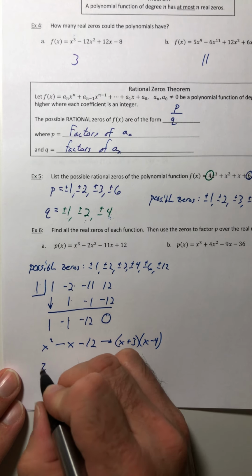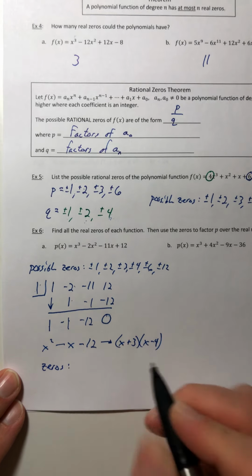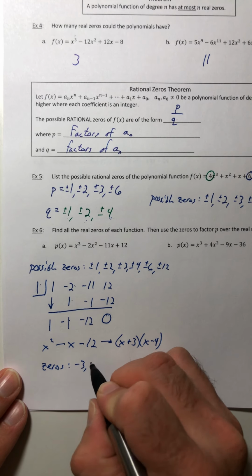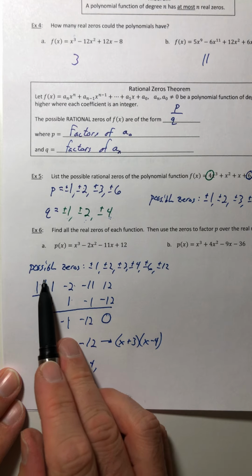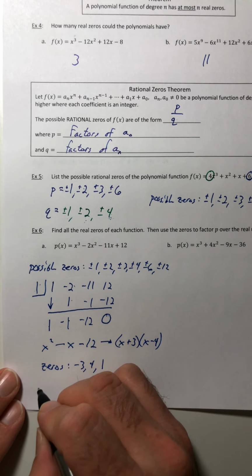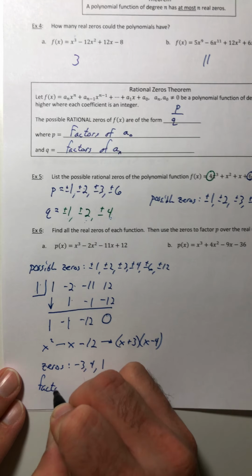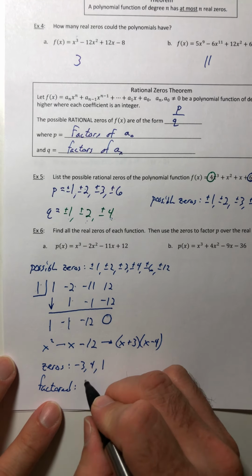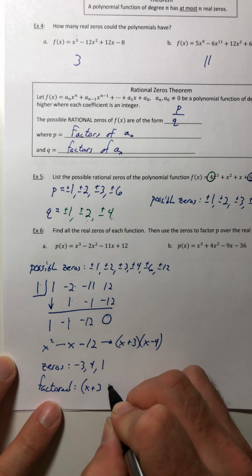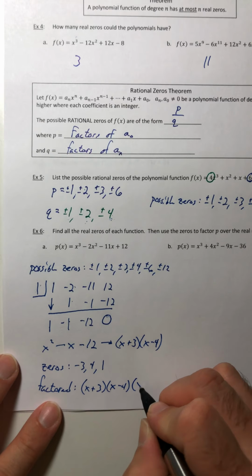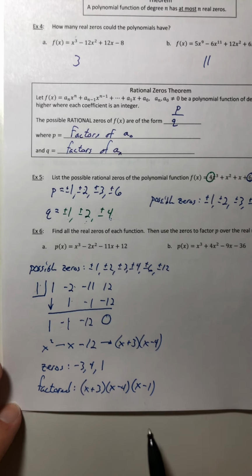So your zeros would be anything that makes the parentheses 0, so -3 and 4, and any number that worked in your synthetic division, which should be the 1. So in factored form, you'd have x plus 3 times x minus 4 times x minus 1.